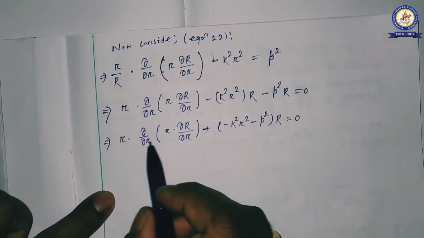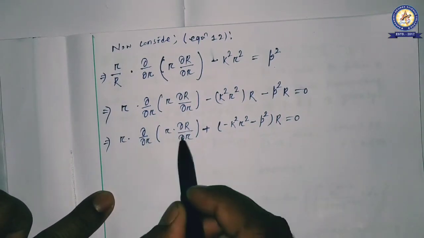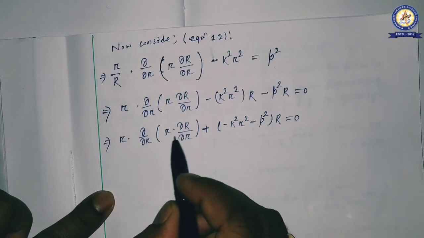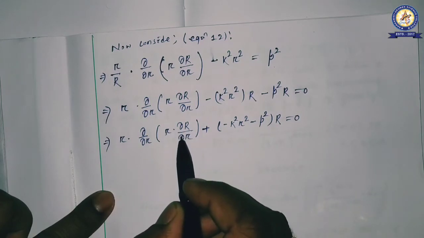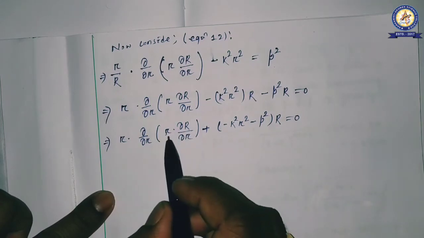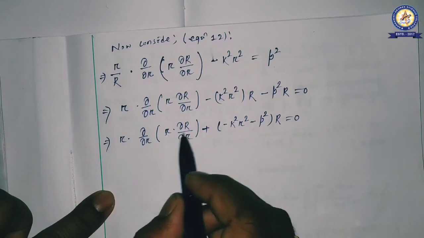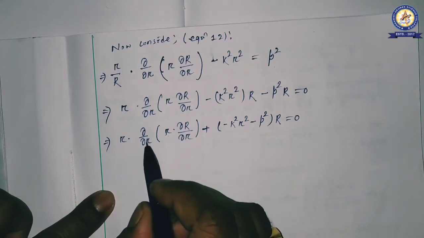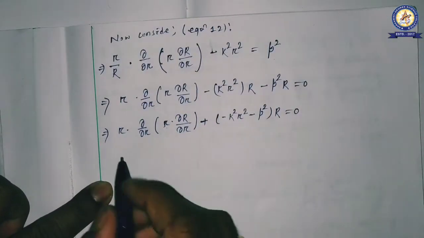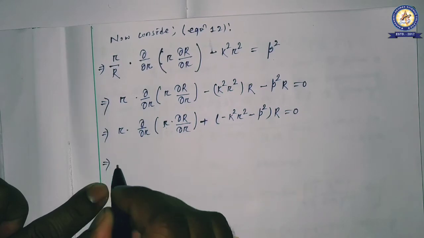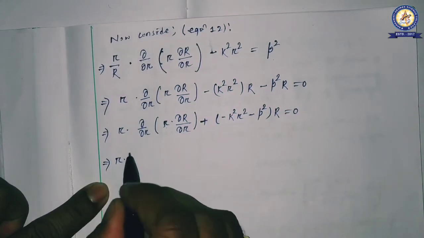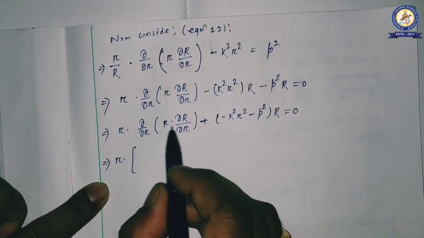So here del by del r of this one, that means this term has to be differentiated with respect to r. Inside this bracket two terms are there, r and del R by del r, so these two terms have to be differentiated with respect to r. Then how much we can get? We have to consider the product formula.